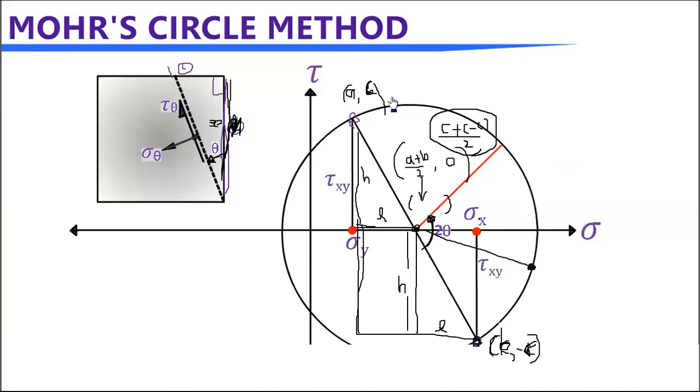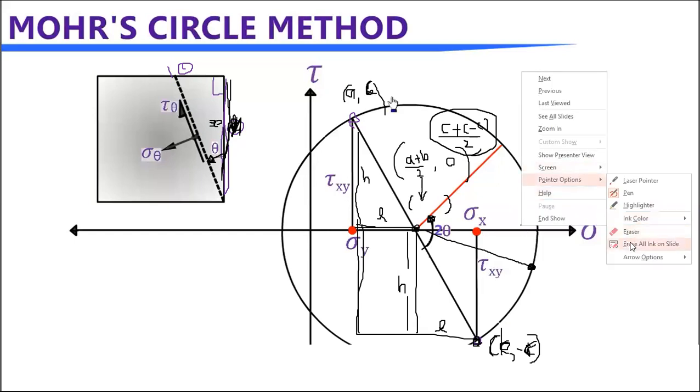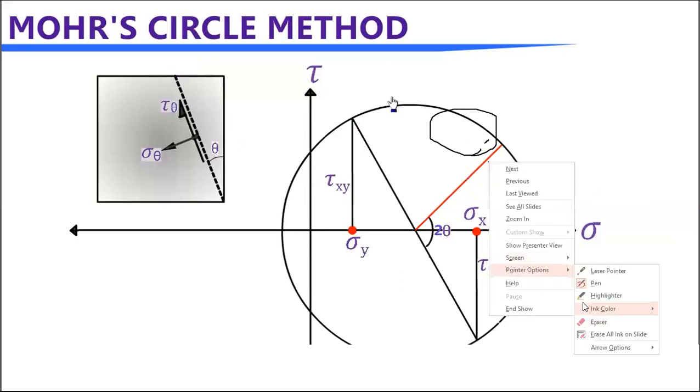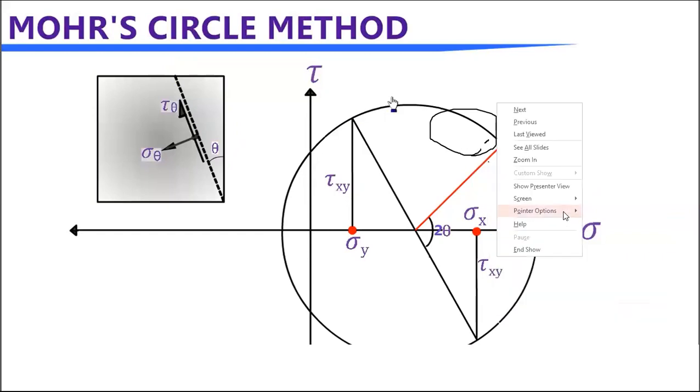And how to find the principal stresses? So let me erase everything. Principal stresses are the stresses on a plane where the shear stresses are 0. So you need to find the stress state where the shear stresses are 0. That means you have only 2 points.